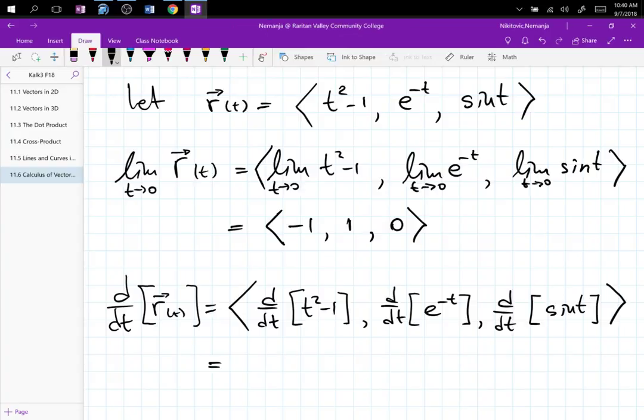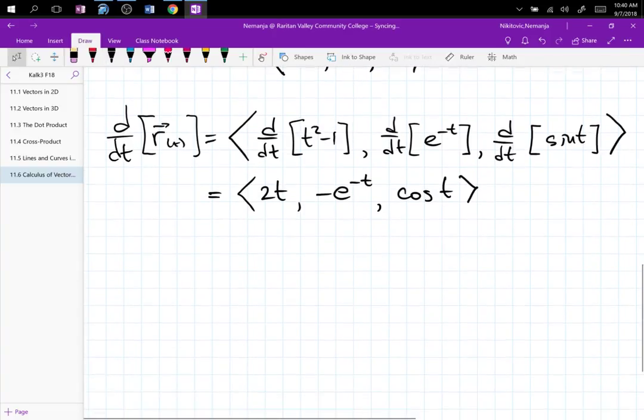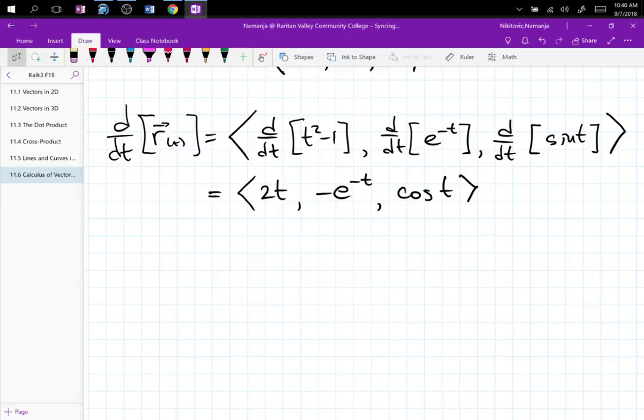The derivative of t squared minus 1 is 2t. The derivative of e to the negative t is negative e to the negative t. And the derivative of sine of t is cosine t. And you have your derivatives.